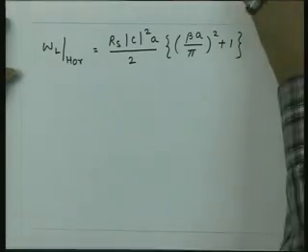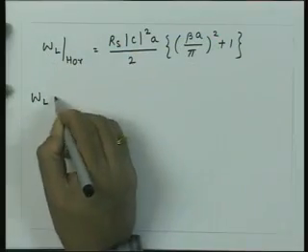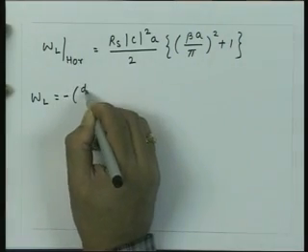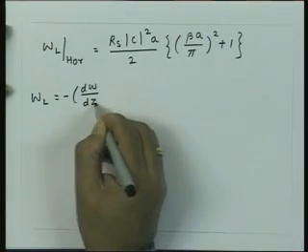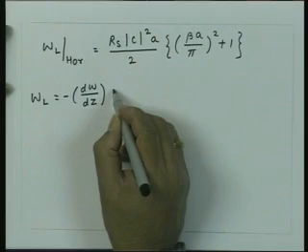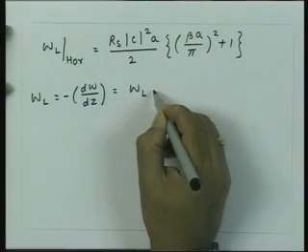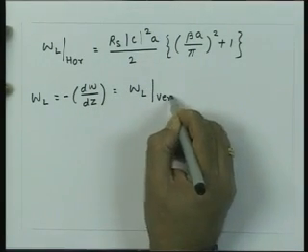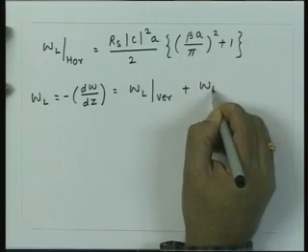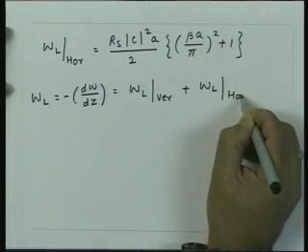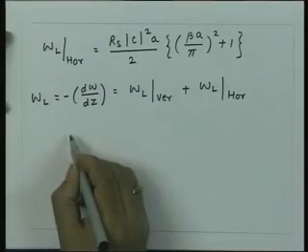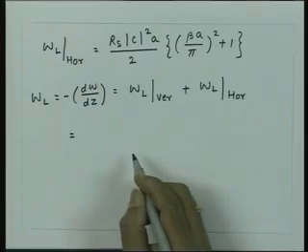So, the total loss is the loss in the horizontal wall and the vertical wall. So, we get the total loss W_L, which is minus dW by dz, that will be equal to W_L vertical plus W_L horizontal.